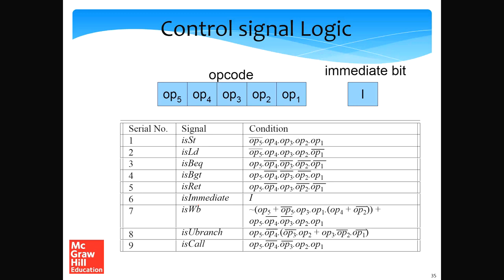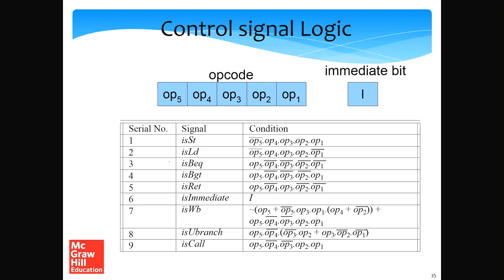So what I have written on this slide is, let's consider the 5 opcode bits. Let's call them OP5 to OP1 and the immediate bit I. So I've just written down the conditions for essentially detecting these signals, or setting these signals.